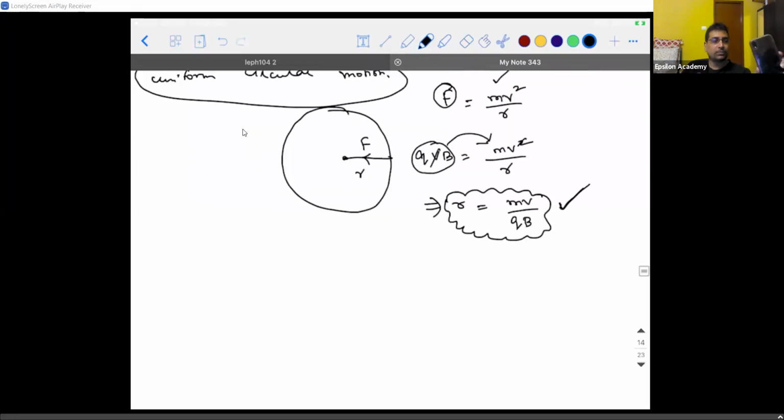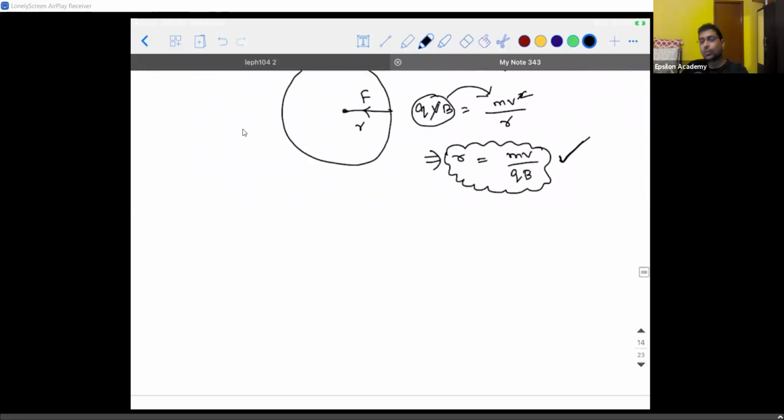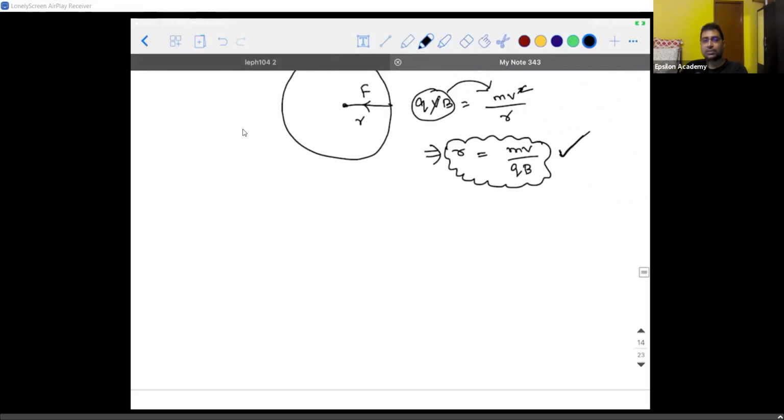Now comes an important question. What will happen if the charged particle is projected at an angle other than 0 degrees, 90 or 180 degrees with respect to the magnetic field?